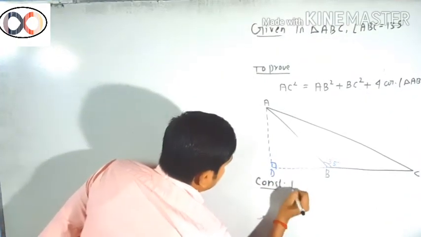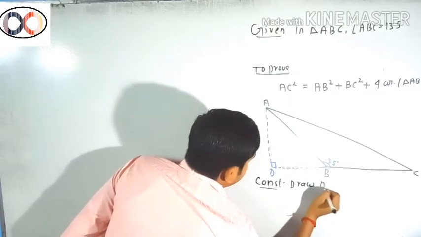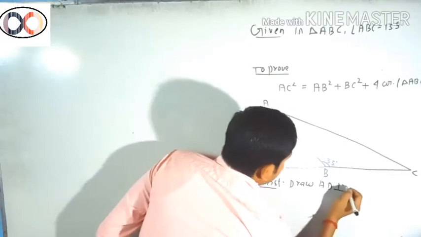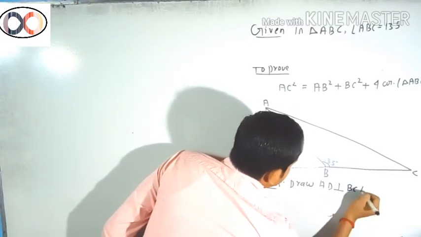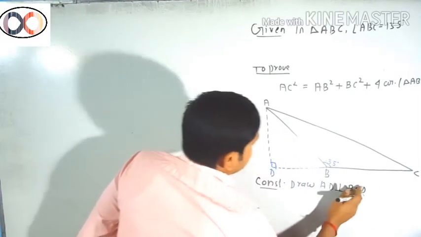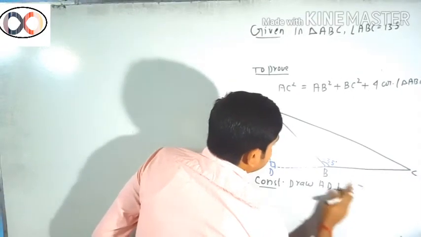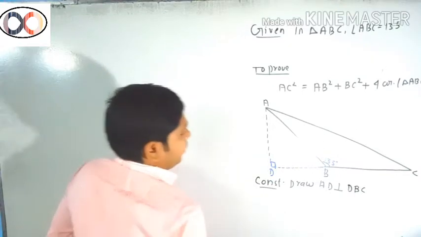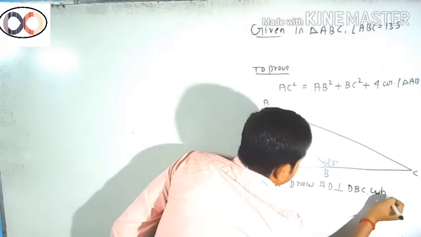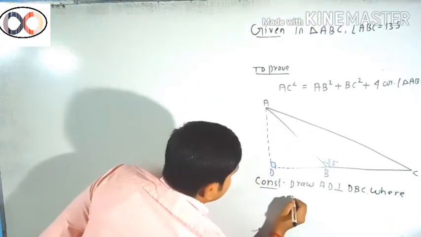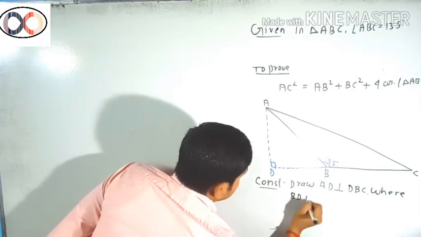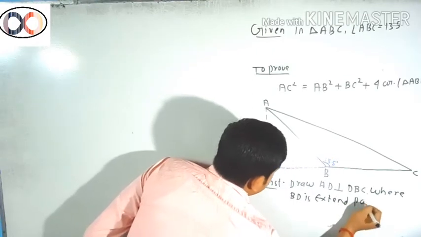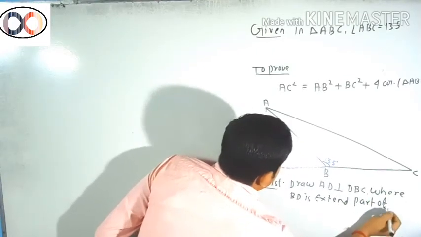Draw AD perpendicular to BC, where BD is the extended part of BC.